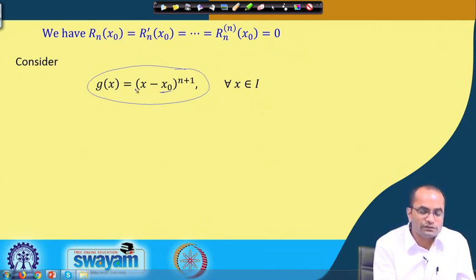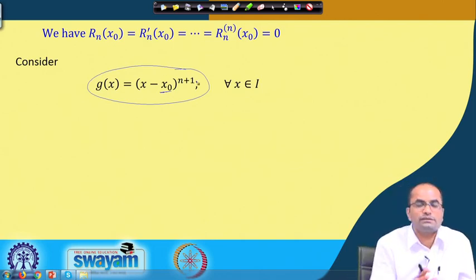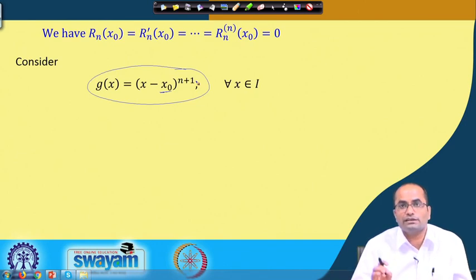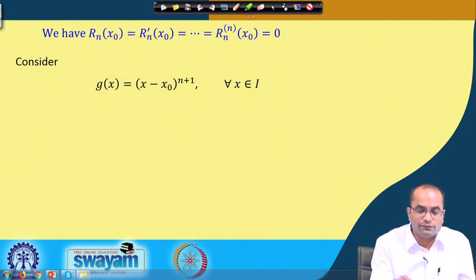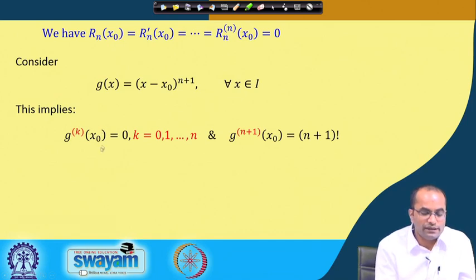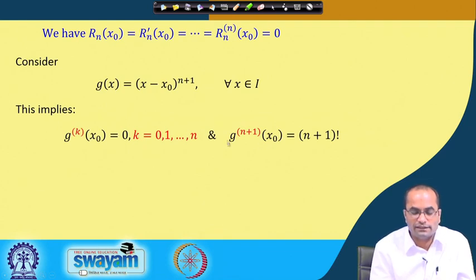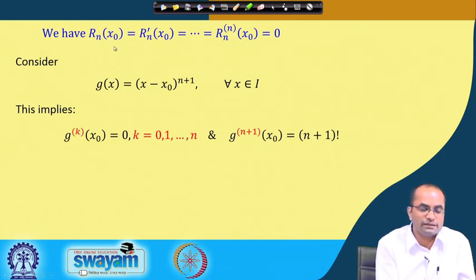We can continue this differentiation up to the nth order, and all these derivatives at x 0 will be 0. So, the condition we have now is that the kth order derivative of g at x 0 is equal to 0 up to the order n, and g n plus 1 is nothing but the factorial n plus 1. So, we have two functions, R n x and g x, with similar properties: all the derivatives up to order n vanish.